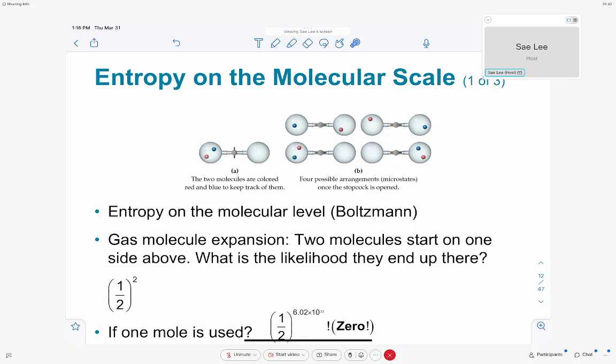Since molecular motion is random, all these 4 arrangements are equally likely. So the probability that each molecule is in the left flask is going to be 2 out of 4.